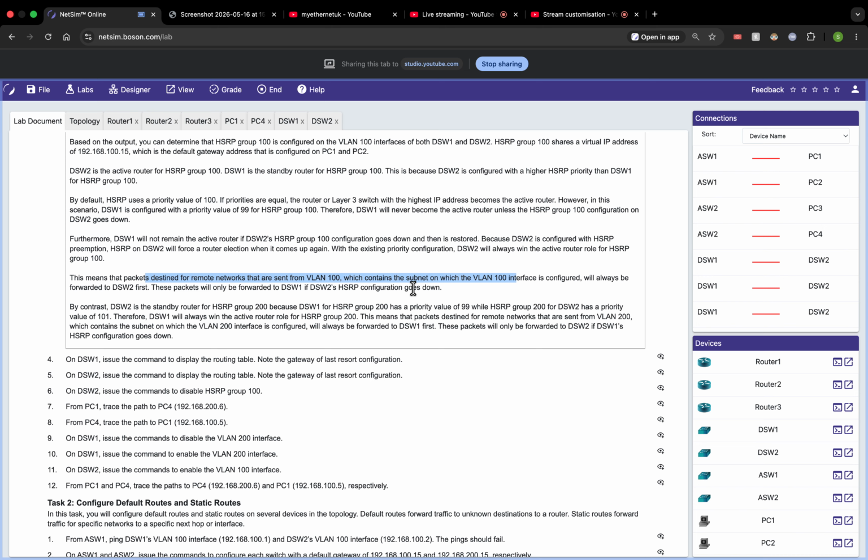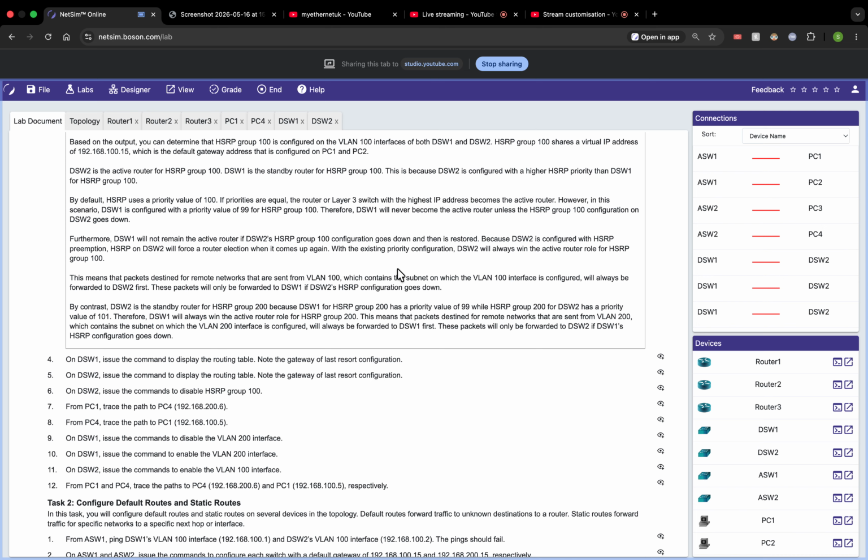Because DSW2 is configured with HSRP preemption, HSRP on DSW2 will force a new election, and when it comes up again, with the existing priority configuration, DSW2 will always win the active router role for HSRP group 100. Okay. So there's preemption.